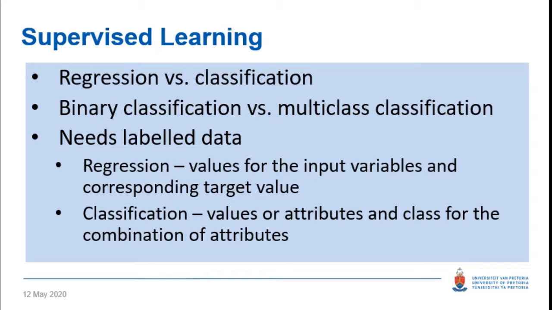For example, if we wanted to predict the mark that you'll get in the exam for COS 314, we could use your marks during the semester as independent variables. So your mark for assignment 1, assignment 2, assignment 3, and test 1 and test 2 would be the independent variables.